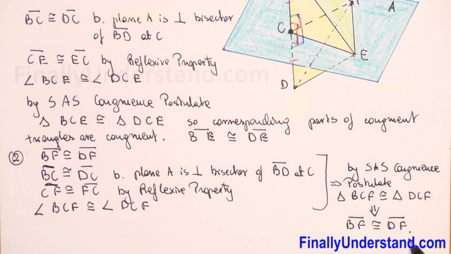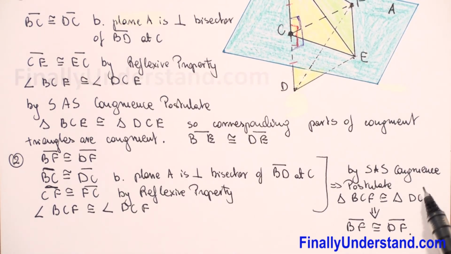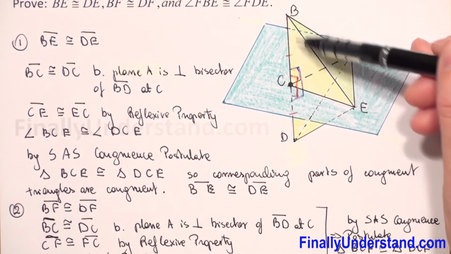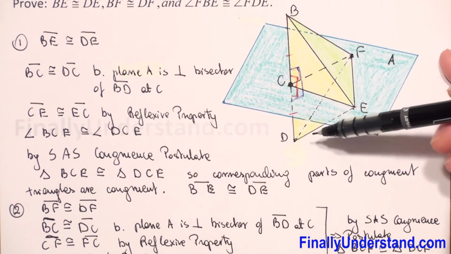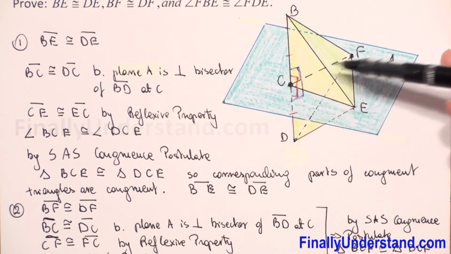This is what we need to show, that these two sides are congruent. So from the side angle side congruence postulate, these two sides are congruent because triangle BCF is congruent to DCF.